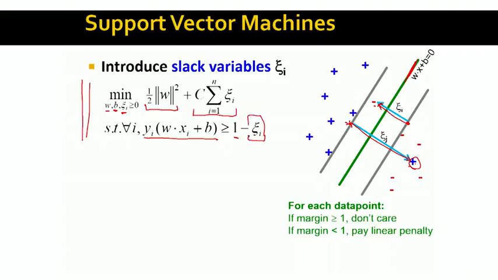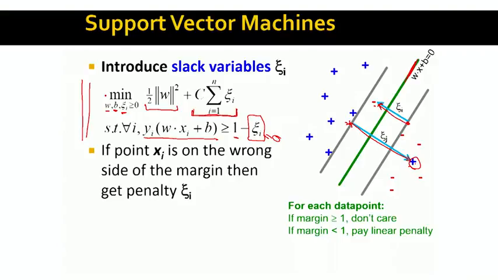Whenever our example is correctly classified, our confidence will be greater than 1, and in that case we'll be able to set the value of psi to 0. Otherwise, we will have to set the value of psi to some non-zero value, which means we will incur some penalty in the optimization problem.